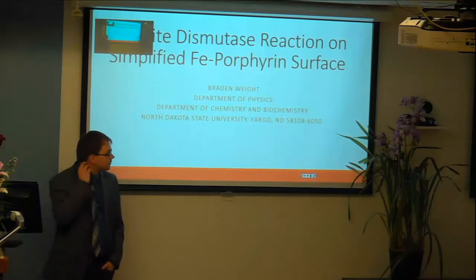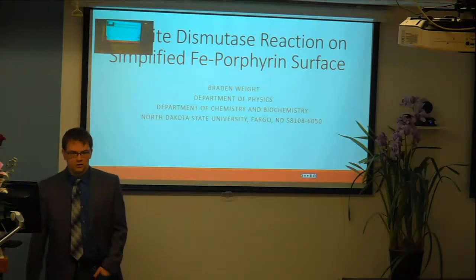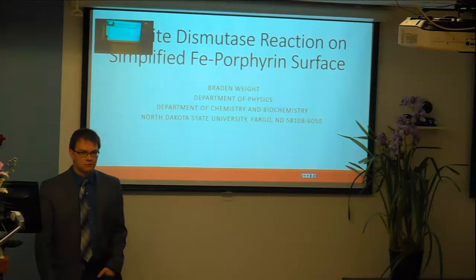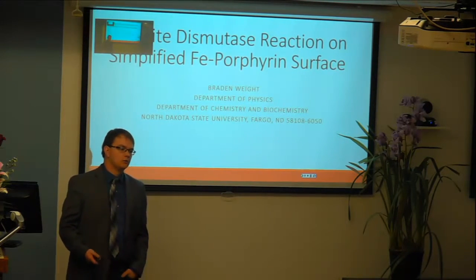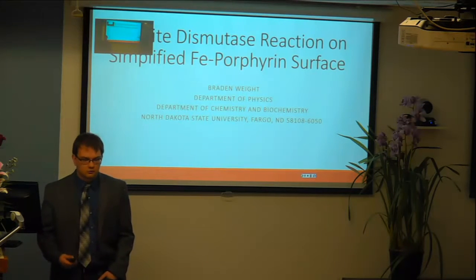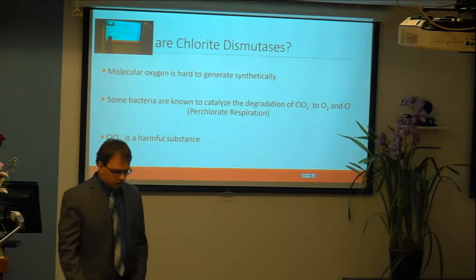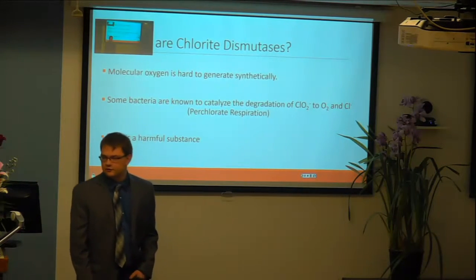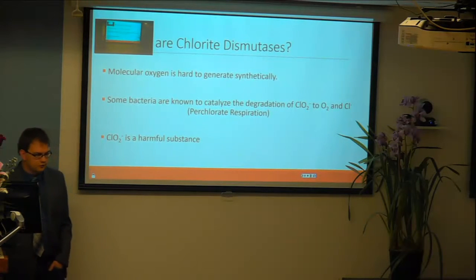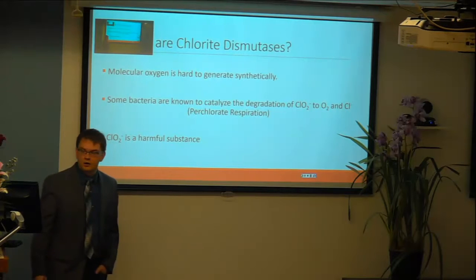Yeah, so I'll be discussing some preliminary data on a chlorite decomposition reaction to produce molecular oxygen and chloride ion. There's a class of enzymes, chlorite dismutases, that are known to participate in such decompositions of chlorite.